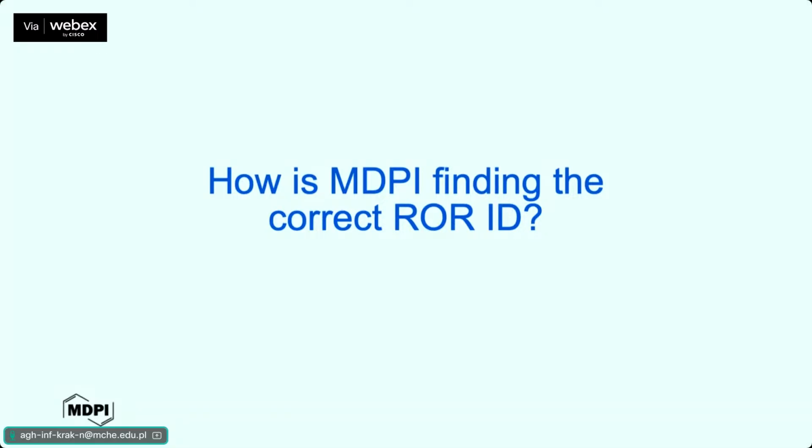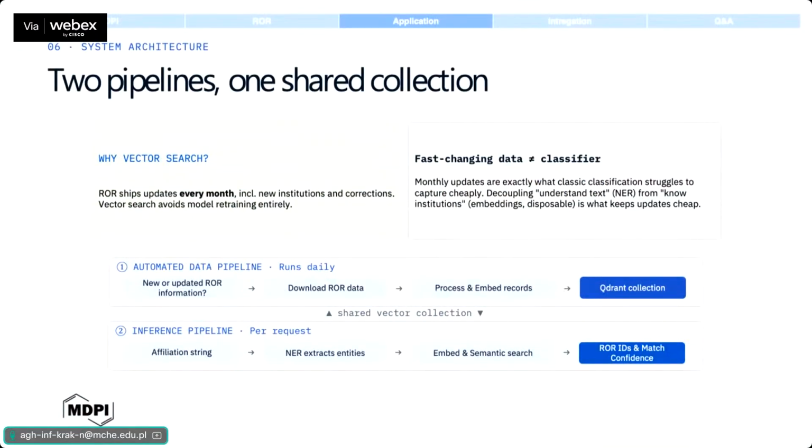So I think that's why you joined: how is MDPI actually finding the right ROR ID? We have come up with a solution based on 2 pipelines, or 2 parts, to find the right ROR. There is the first part, which is the automated data pipeline, this first block that you can see here, and then there is the inference pipeline.